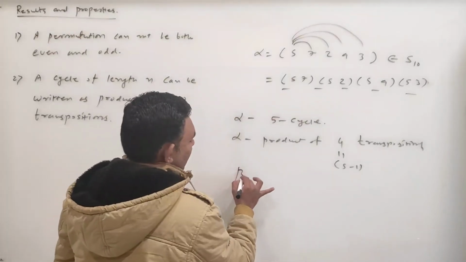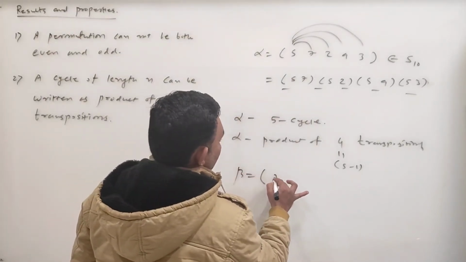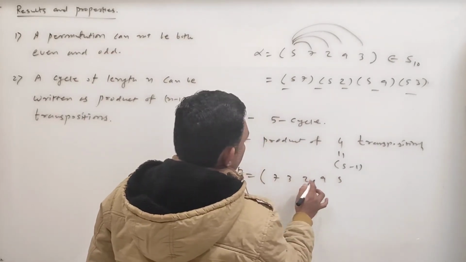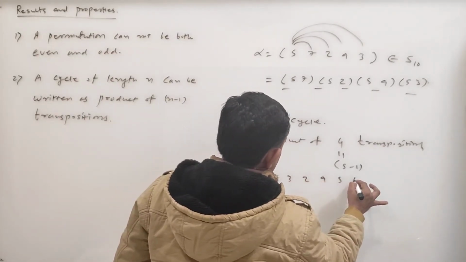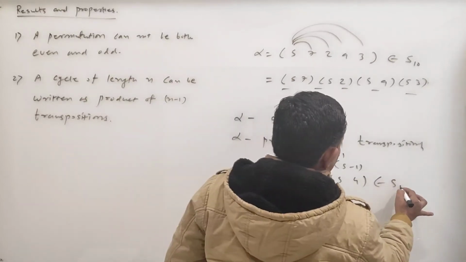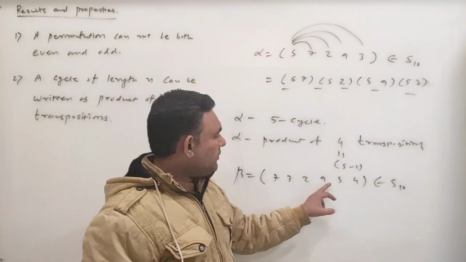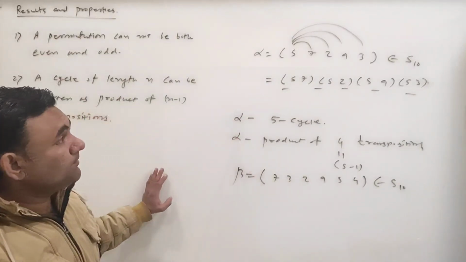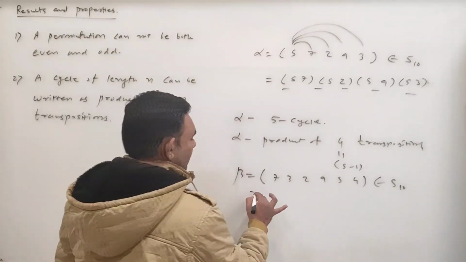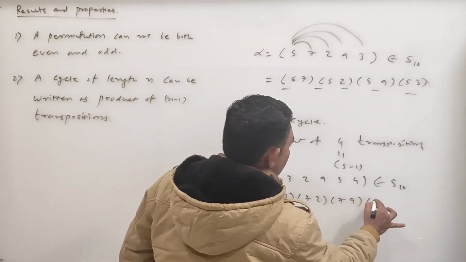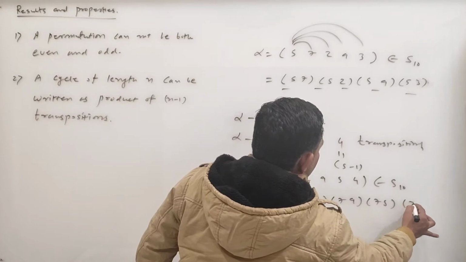ऐसा भी हो सकता था say beta is say 7 3 2 9 5 4. Again it is element of S10. So it is also cycle of length 6, 1 2 3 4 5 6 लेंथ का साइकिल है. लेकिन I can write beta as 7 3, 7 2, 7 9, 7 5, 7 4.